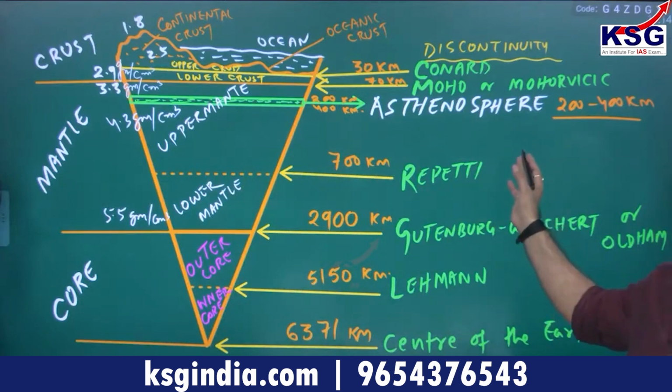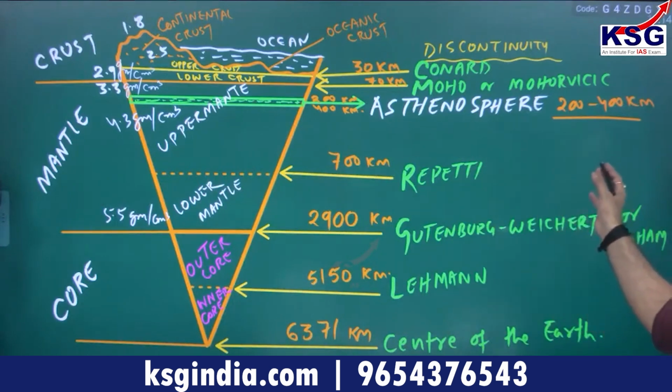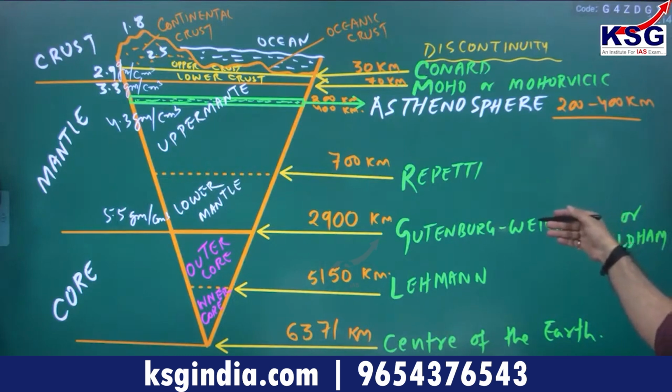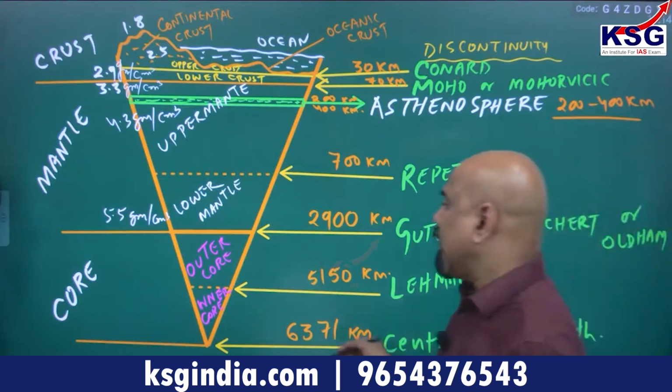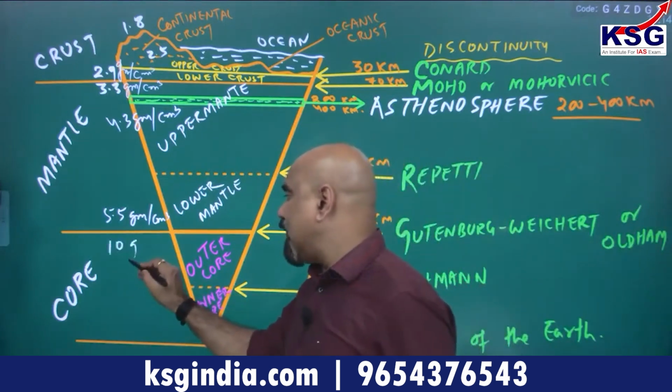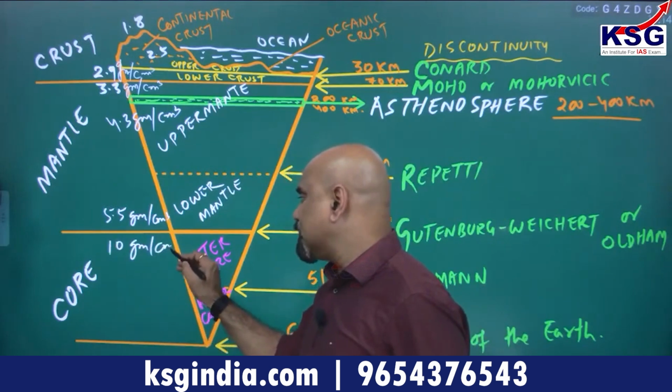At the Gutenberg-Wiechert discontinuity, at 2900 kilometer nearly, it goes from 5.5 to 10 gram per cubic centimeter, very sudden.